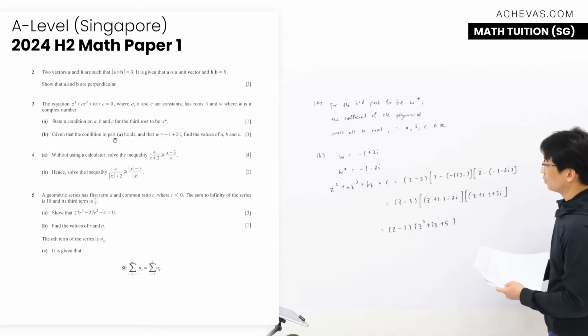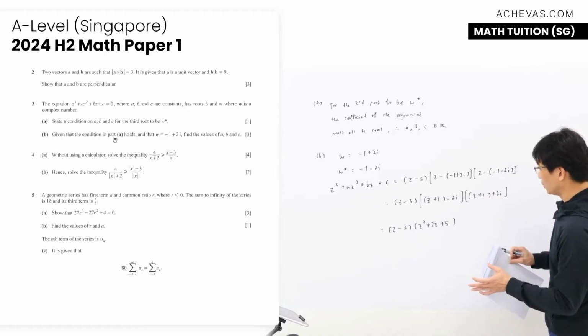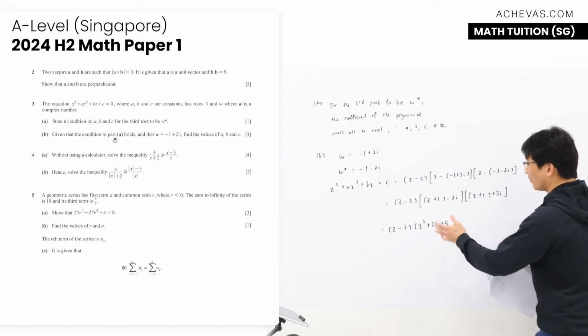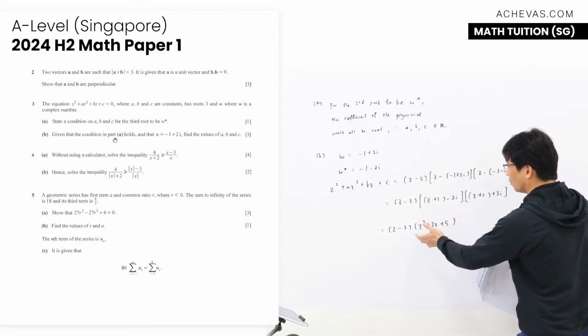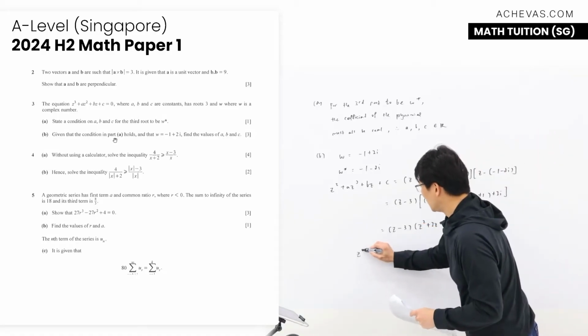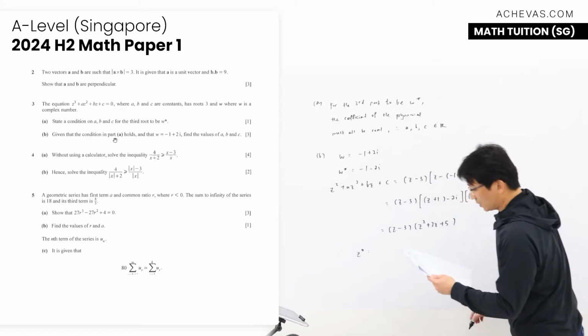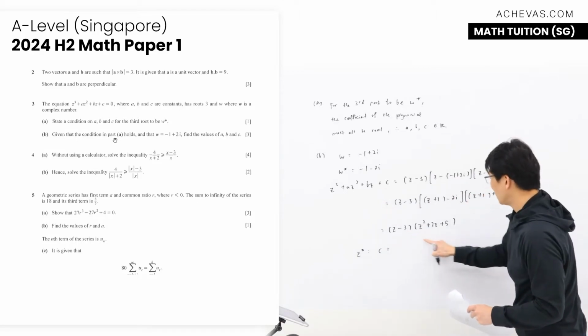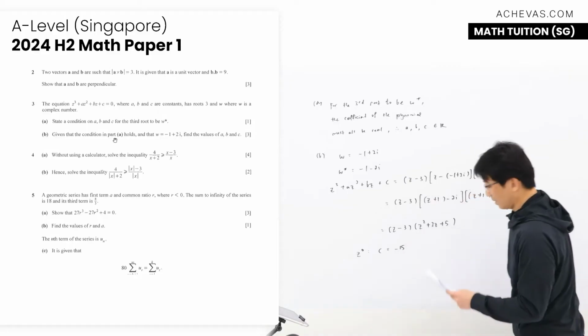Okay, now we can start to do a comparison of the coefficients. Usually, I prefer to compare the constant term first, followed by the highest power. So for the constant term, which is z to the power of 0, the left hand side is c. The right hand side will just be minus 15.